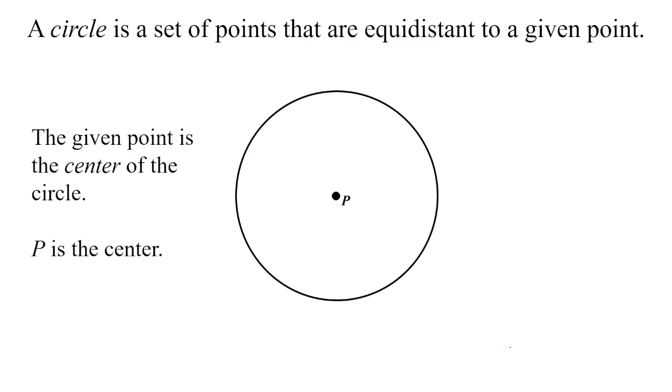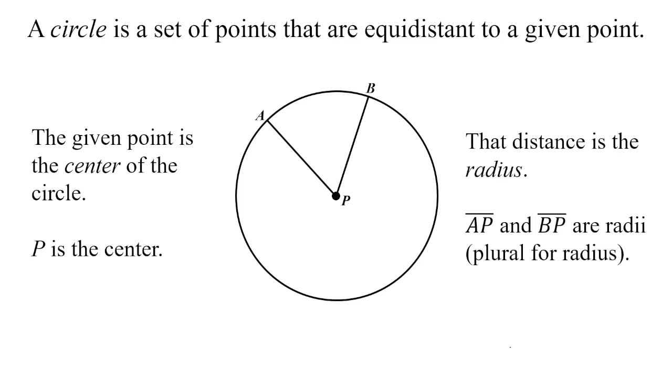That given point is called the center. So for example, P would be the center. Now, we mentioned that all those points of the circle are of equal distance. And that distance is called the radius.